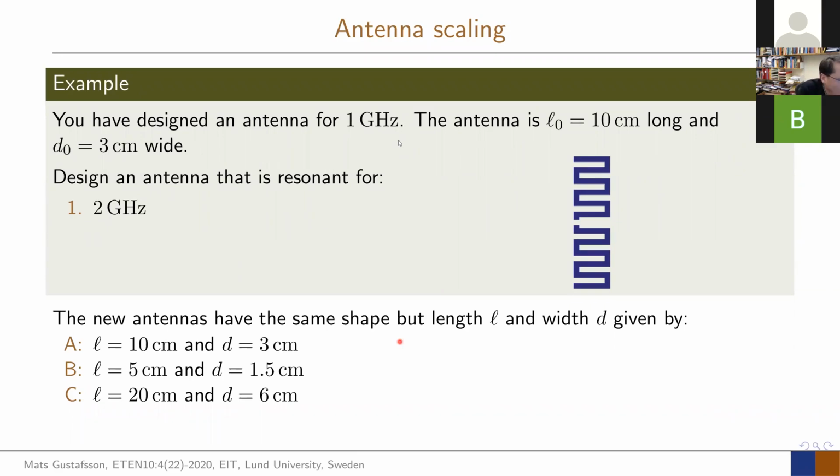You should make it half the size. There were a few arguments that you should keep the same dimensions in A, and that's of course not good. If it's resonant for 1 gigahertz and you want it for 2 gigahertz and you keep the same antenna, you have to be really lucky if it should work at other frequencies. So in all of these cases, you should just use these scaling laws.